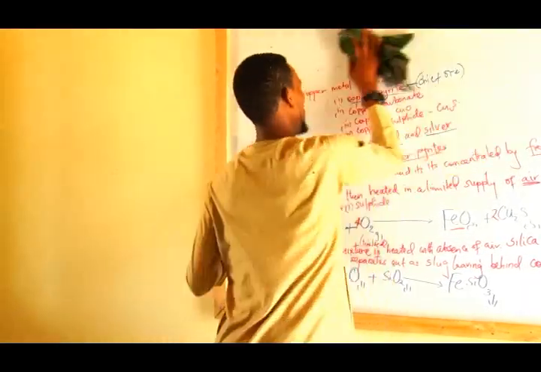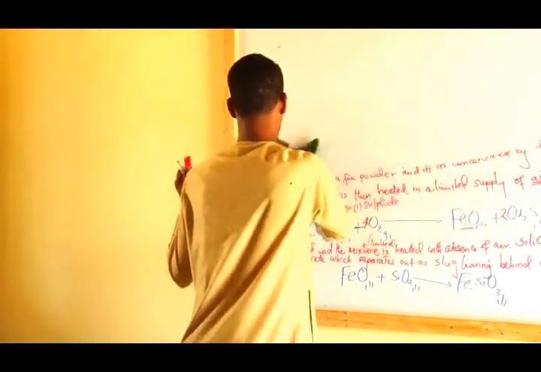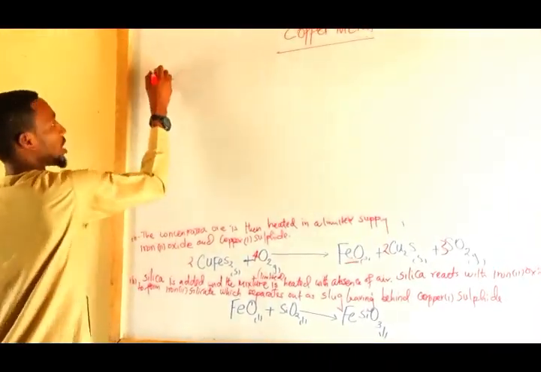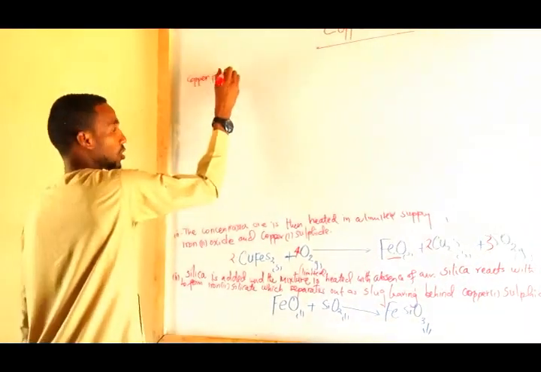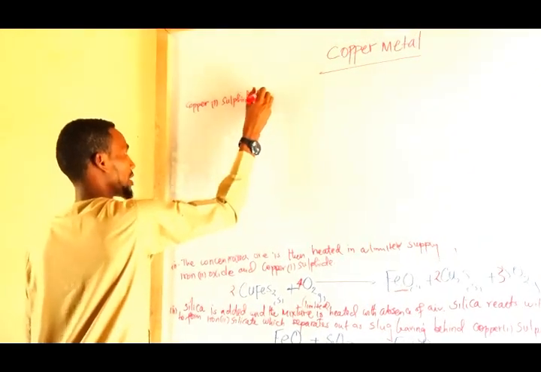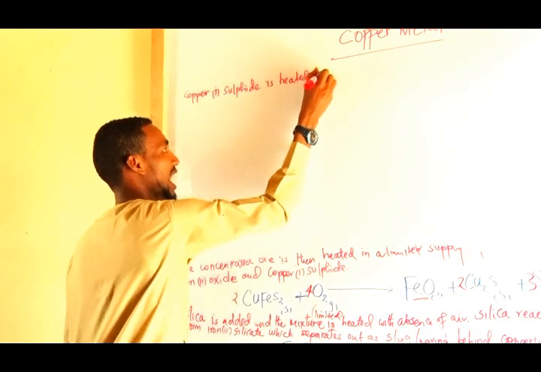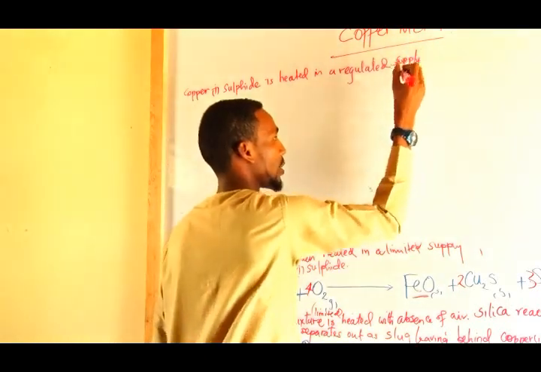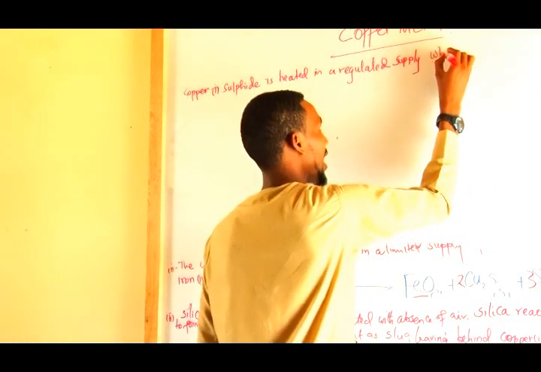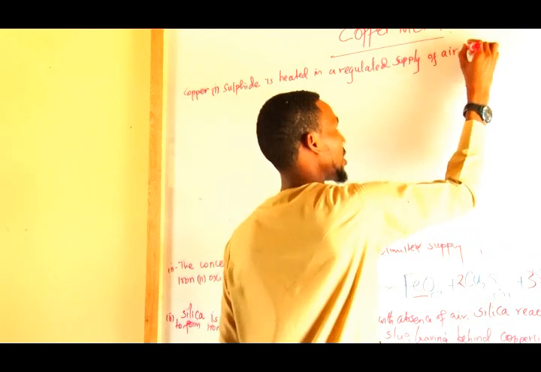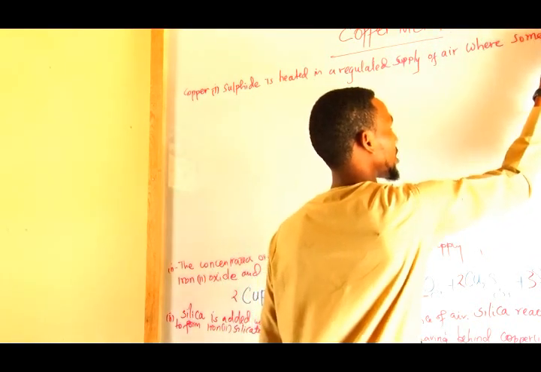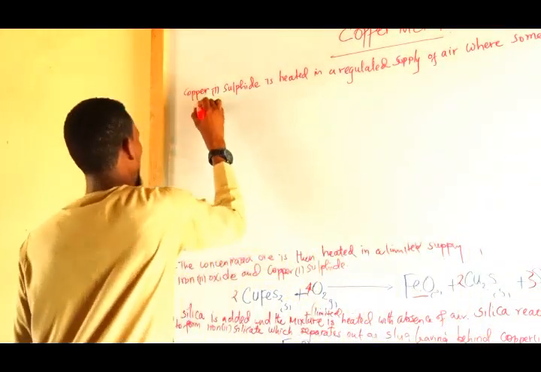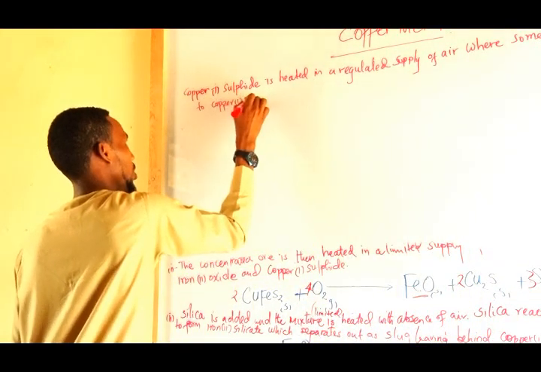So let us see stage number 3. Copper 1 sulfide is heated in a regulated supply of air, where some of it is converted to copper 1 oxide.